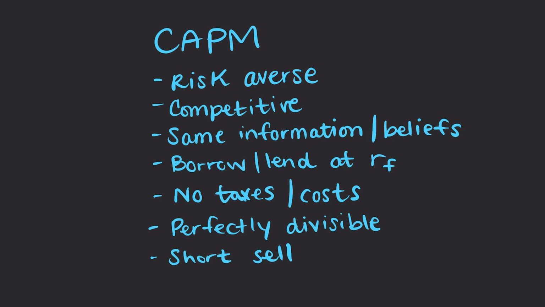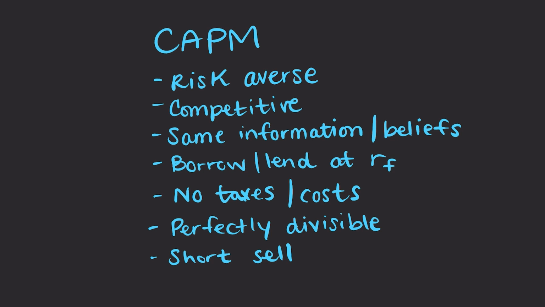So what does that mean? That means that if we look at every investor's stock portfolio, every investor holds the same combination of stocks. Not everybody has the same level of risk tolerance, but you can adjust how much risk you're willing to take on by either borrowing or lending at the risk-free rate. You would not be choosing a different stock portfolio because an alternative stock portfolio might have less risk, but you wouldn't want to choose it, because if you wanted less risk, you would just mix in some of the risk-free asset.